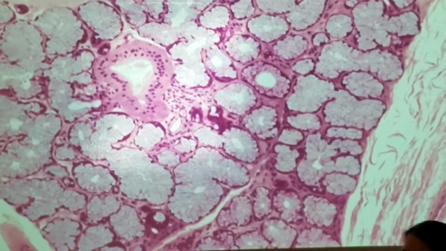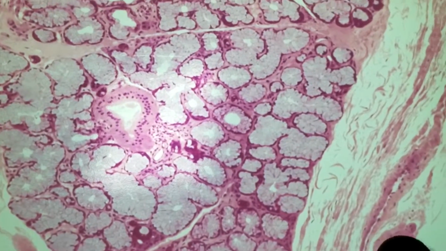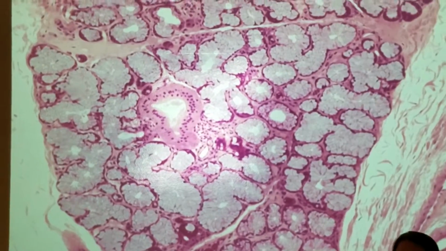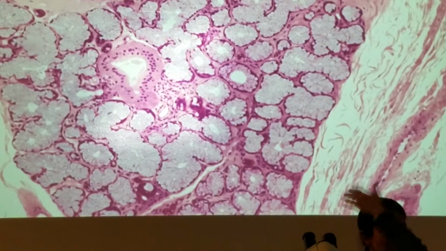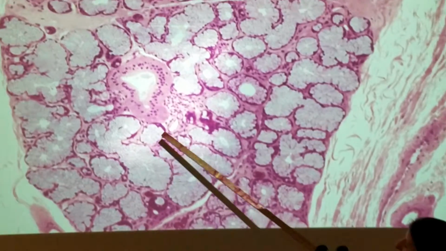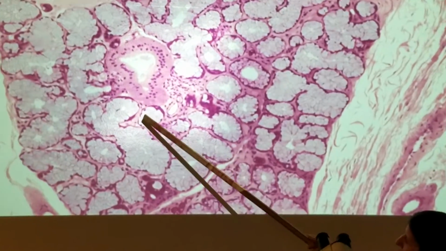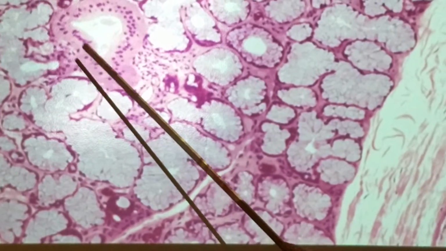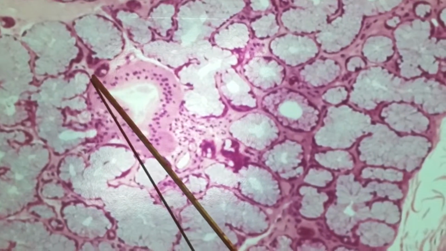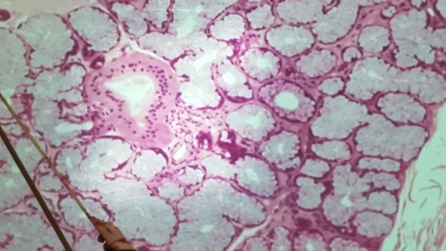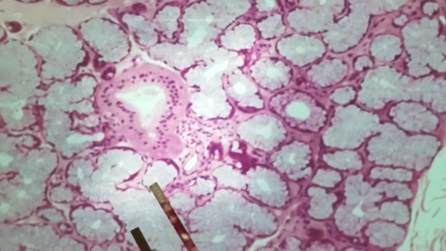Now the serous demilune. Best way I can explain this, it's like a beanie hat on the mucous acini, like a crescent moon shaped thing. So this little thing, that's a good one right here. This one, that little hat. Any of these, little dark sections that are on the sides. So that one, this one. They may not all have a great one.